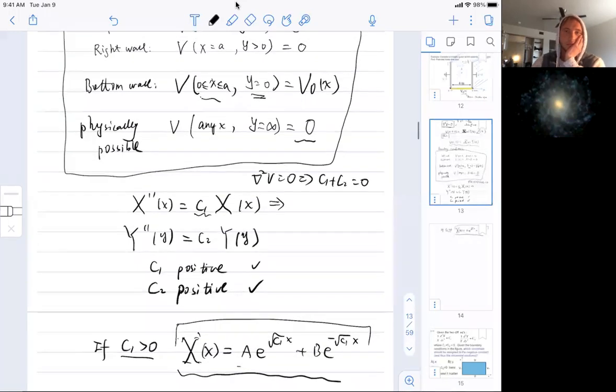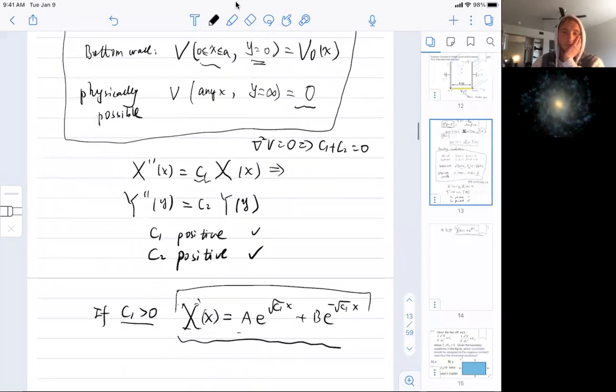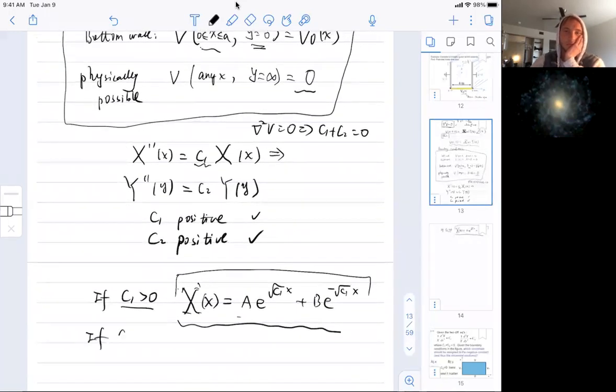Or think about these two together, actually. If C1 is 0, then for the function of x, we have this general format, right? A plus bx. Different function, a double prime, b double prime.